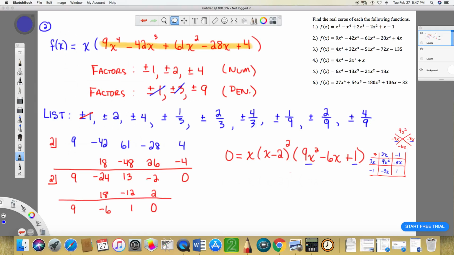Well, I've got a different color, but that really doesn't matter, does it? x minus 2 squared, and 3x minus 1 squared.